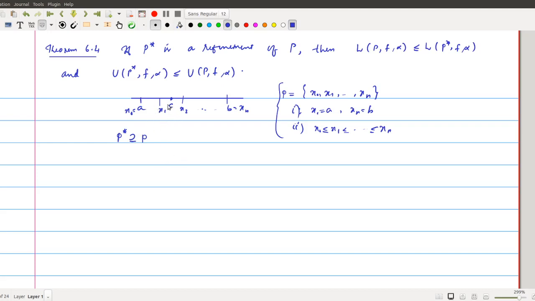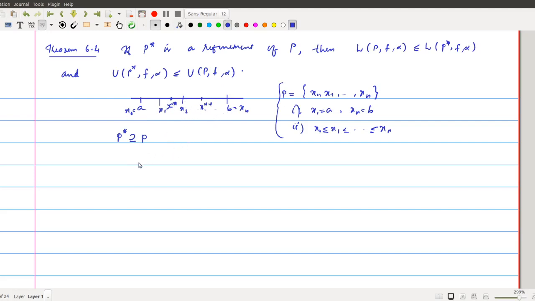If you insert x star here, that is a refinement, and if you put another point x double star here, then the set of all these points also forms a refinement of P, because this P star contains two extra points compared to the points of P. So you can insert any finite number of points inside this interval, and that will make a refinement of P.